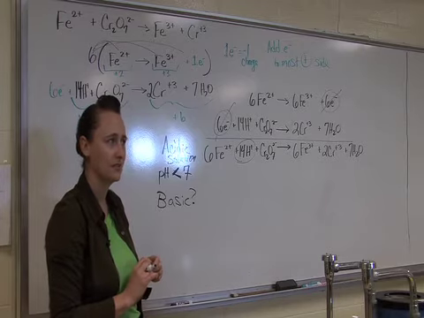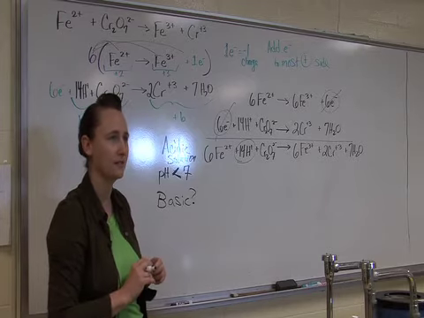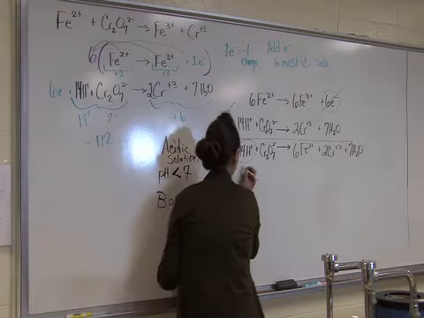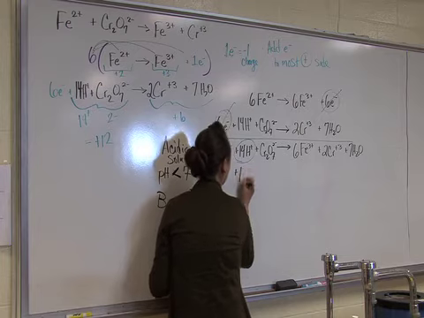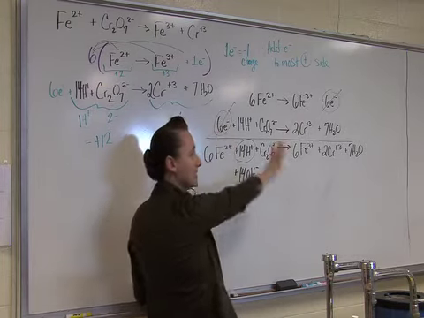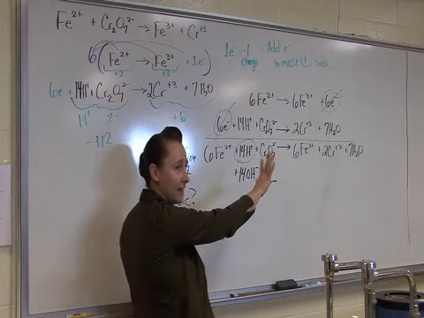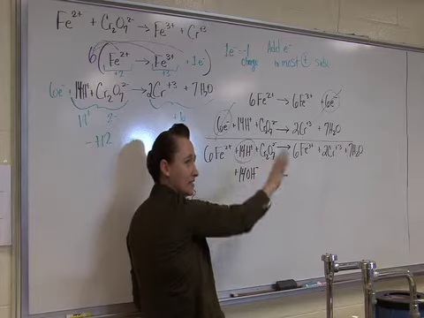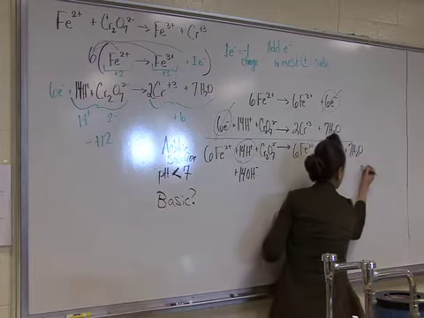H plus is 1 plus, and OH minus is 1 minus. So it's going to take the same number, 14. So plus 14 OH minus, but I just spent all that time getting all these things balanced. So I can't just put it on one side because then it's not balanced anymore. I have to put it on both sides.